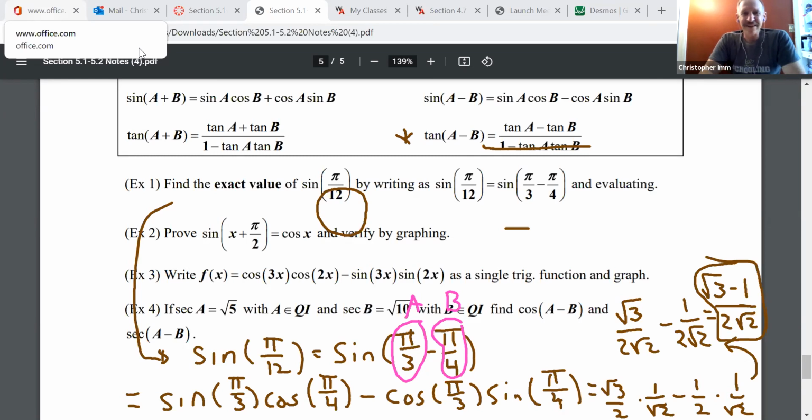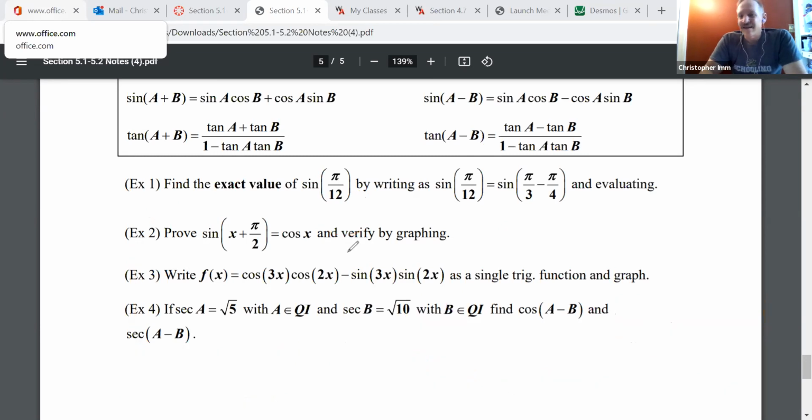Okay. Well, let's look at something maybe a little bit more interesting. So example 2. When I was looking at your tests, for some of those, when we were graphing them, I had to think, wow, did you have the right answer or not? So sometimes we can list cosine as a shift of sine, right? Those are equal.